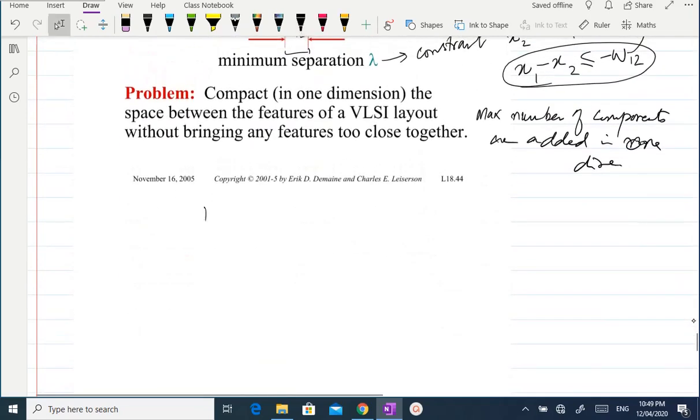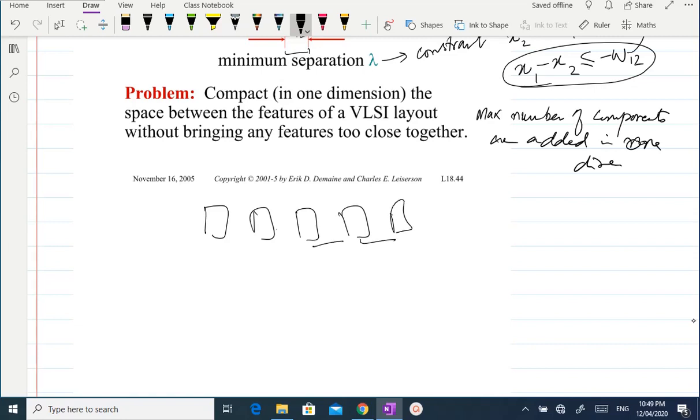What does that mean? We have a component, and minimum separation is maintained. So in this particular direction, we want to maximize the number of components without violating any of the distance constraints. So this is the byproduct.